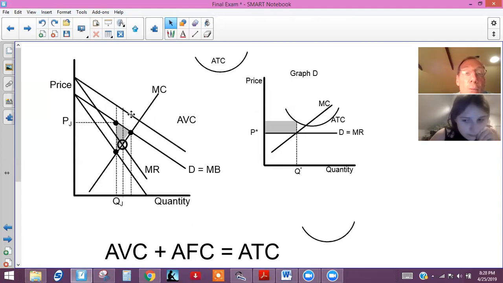If they're above it or below it, they're not maximizing profit. They only maximize profit there.